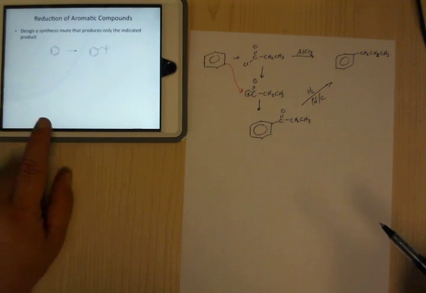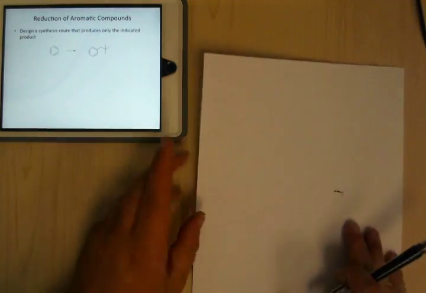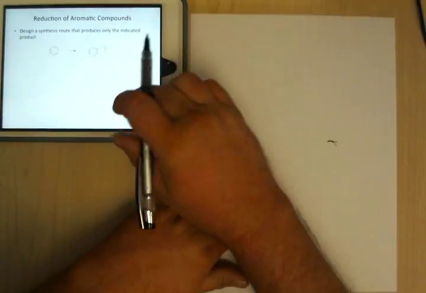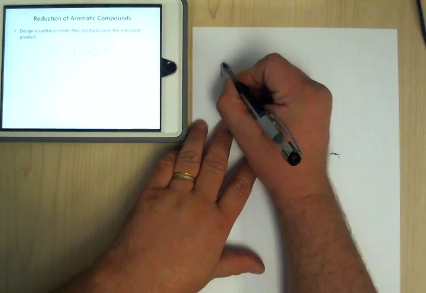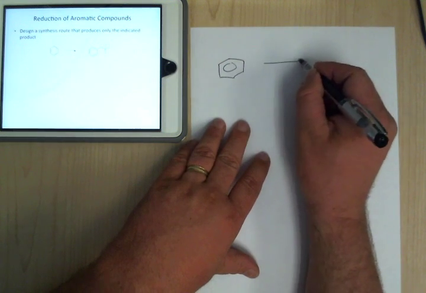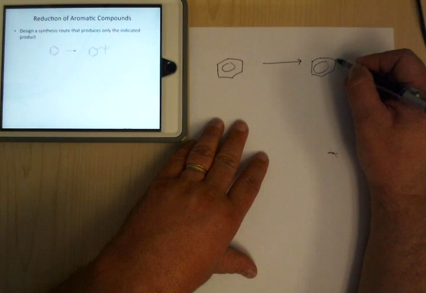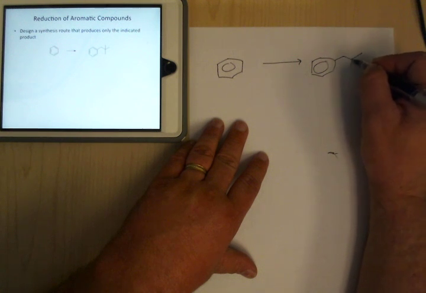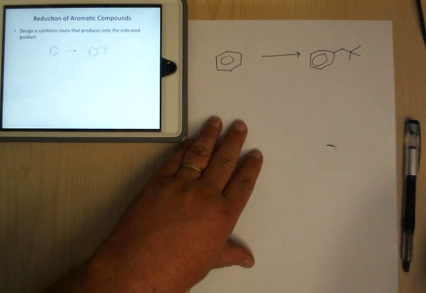Now, the big thing right now is we're going to get into the design of synthesis. Well, I'm sorry, we're not quite there yet. Remember when we wanted to make that compound? If we wanted to do this with the alkylation, what would we have to do?